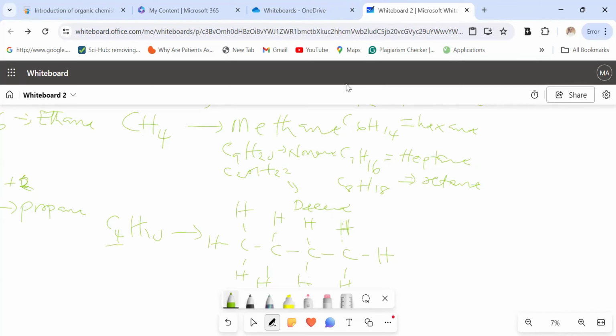You have 10 hydrogen: 1, 2, 3, 4, 5, 6, 7, 8, 9, 10. So you have C4H10, and that is butane. Between all the carbon atoms they have single bonds, so that is saturated. But if you have a double bond or triple bond between some of the carbons, that is when you have unsaturated hydrocarbon. So that is for the alkane. Do you have any question before we proceed?